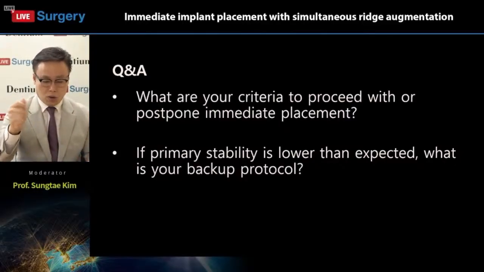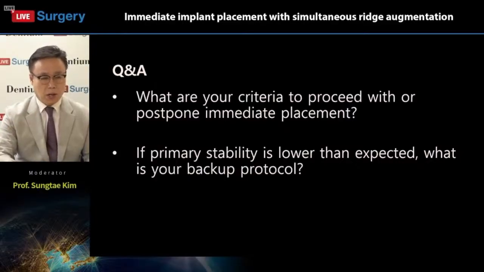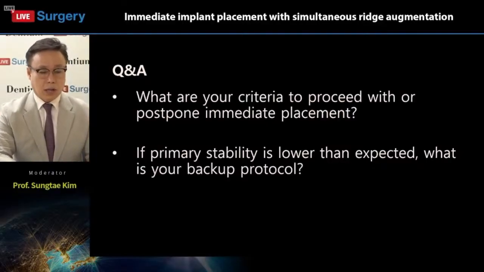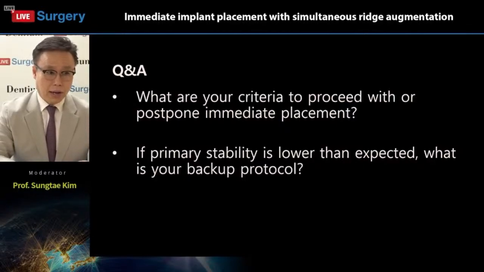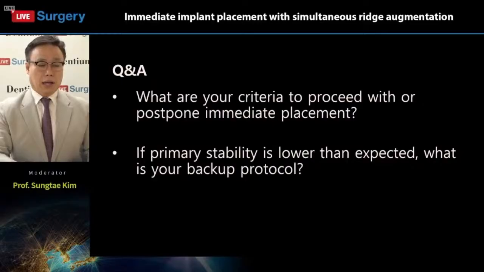Let's say you are expecting to place a 4.5 diameter implant and fail to get the primary stability. Then you can place the 5.0 diameter implant, one size bigger. Most of the cases you can get the primary stability. In the lower anterior tooth area, let's say you fail to get the primary stability with the 3.5 diameter.